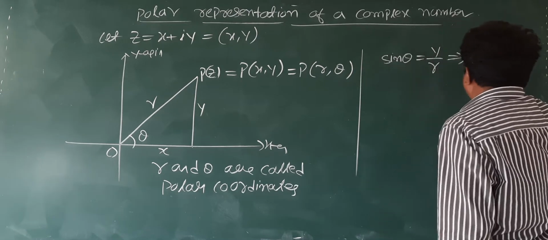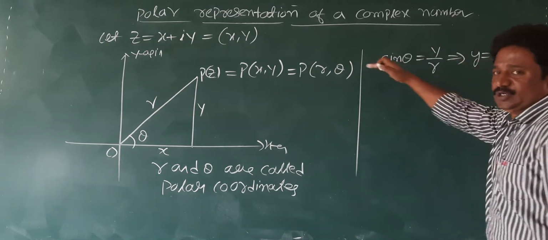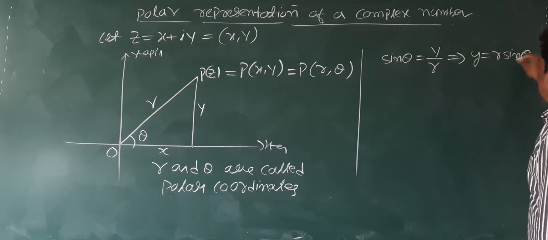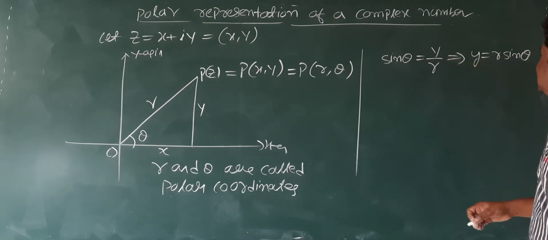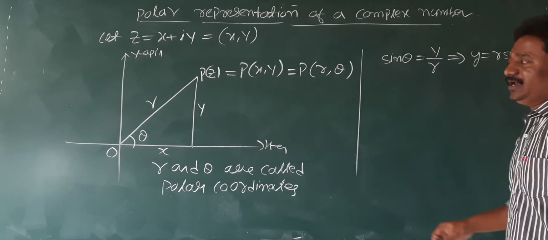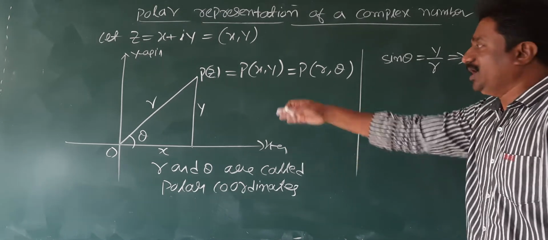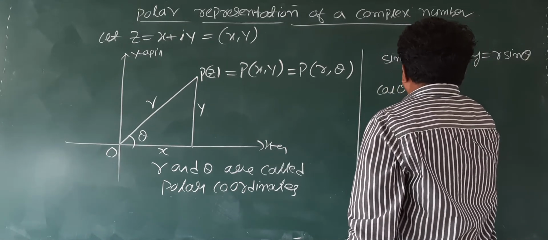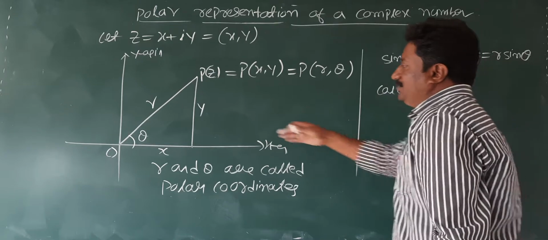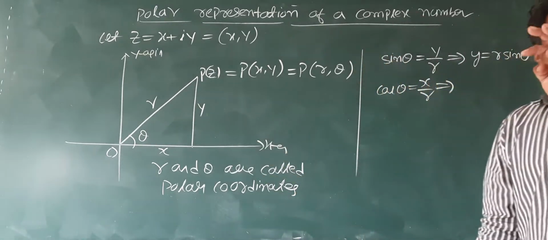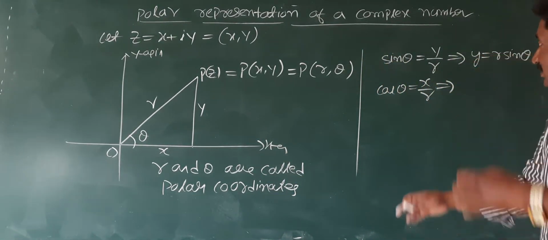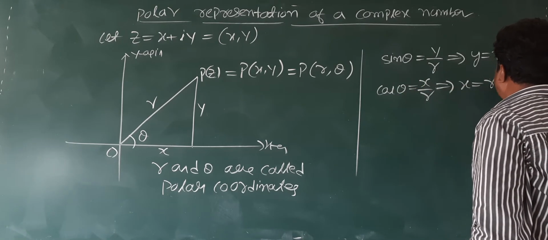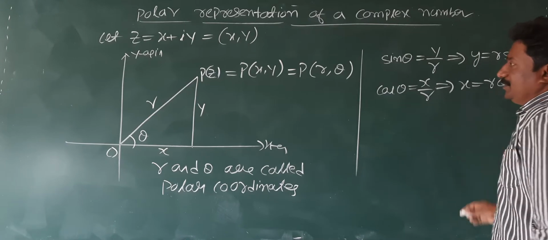That implies, cross multiplying, y equals r sin theta. Again from the triangle, cos theta is x by r. From that, x equals r cos theta.